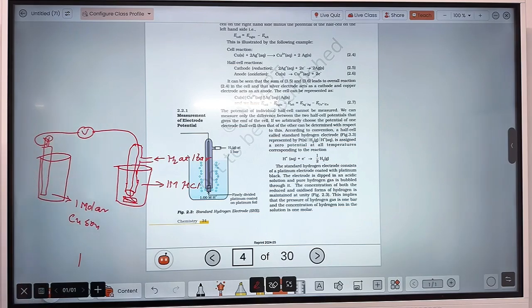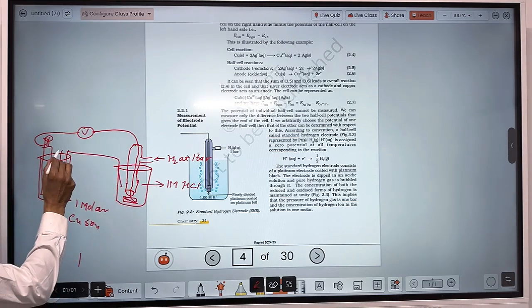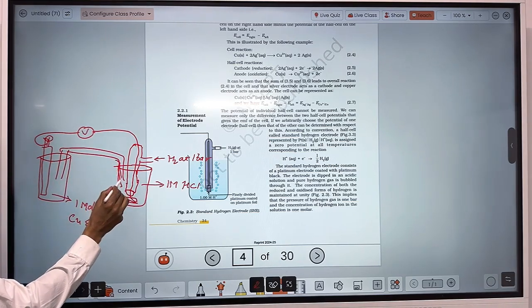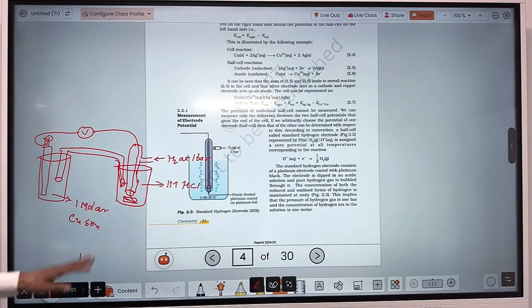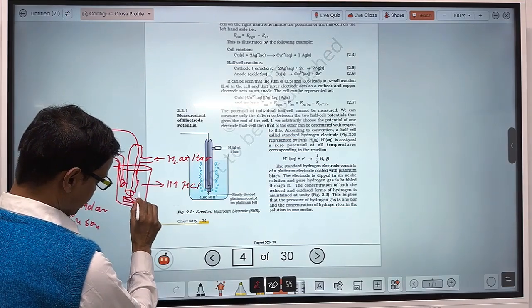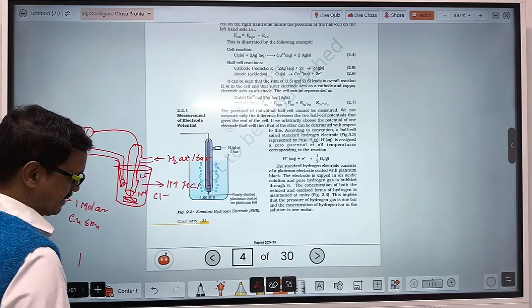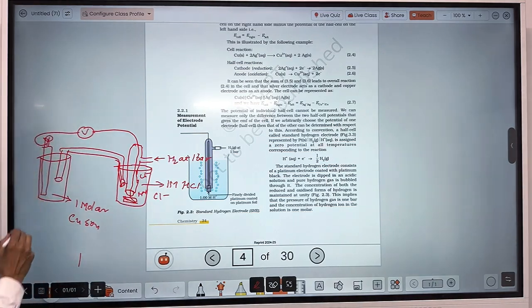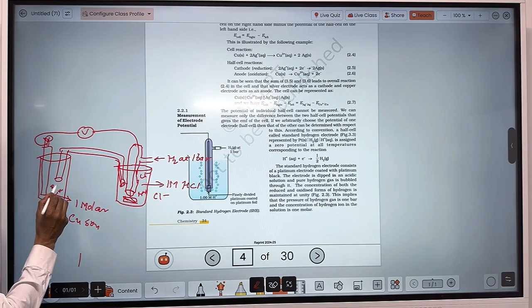Both electrodes are connected through the salt bridge. The 1 molar HCl will dissociate into H+ and Cl minus, and the CuSO4 will give Cu2+ and SO4 2 minus.